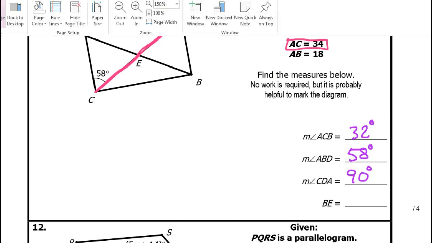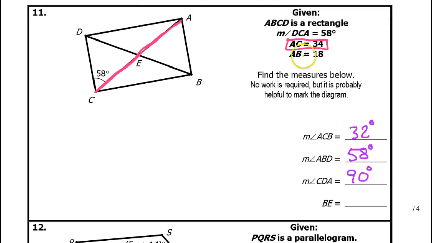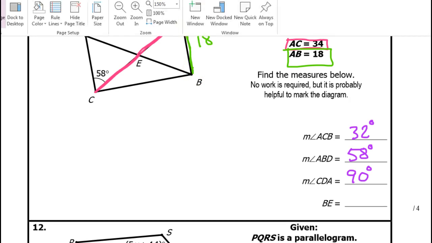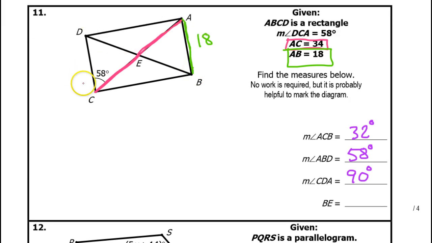Now, AB is 18. So this is AB over here, and that is 18. So AB is 18, so I can pretty easily just go ahead and put that down. The AC is a little trickier to label because of all the lines that are in the way, but I can maybe do something like this. And put this 34, to show that this whole thing is 34.